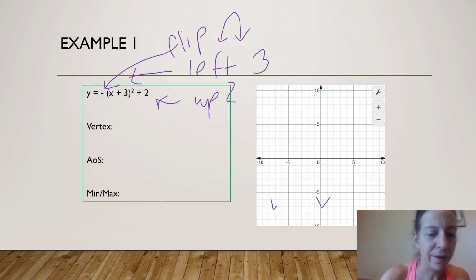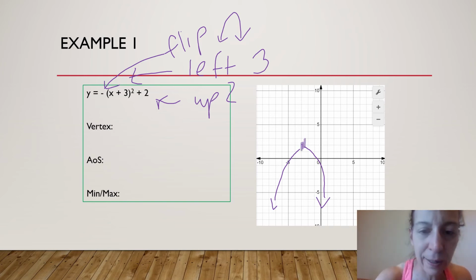Left 3, up 2, and then there we go. Okay, and your vertex is right there. Okay, it's a little bit better.